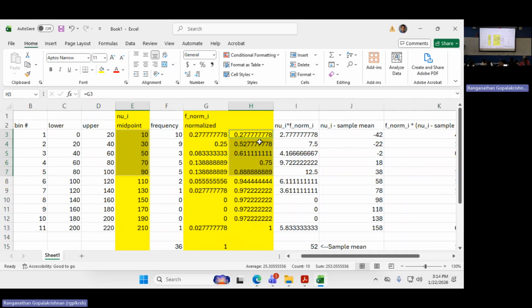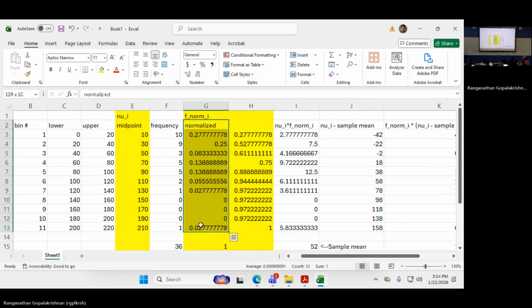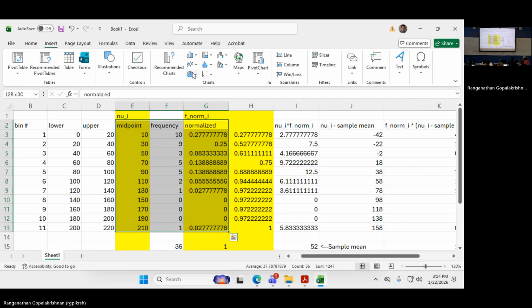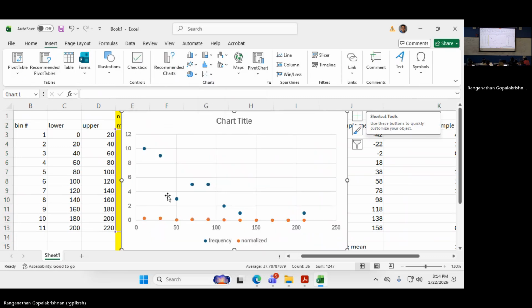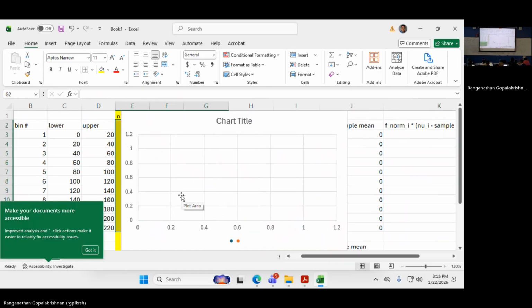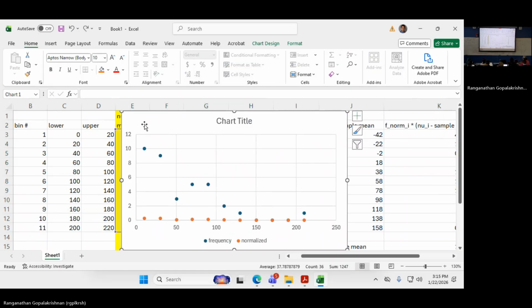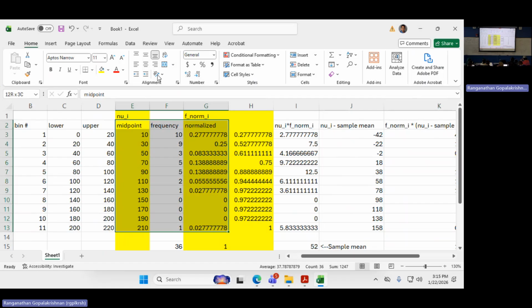Here's your histogram. It's a very weird histogram if you think about it. Take this midpoint and let's make a graph of midpoint versus normalized frequency. Okay, let's see how it looks. One second.